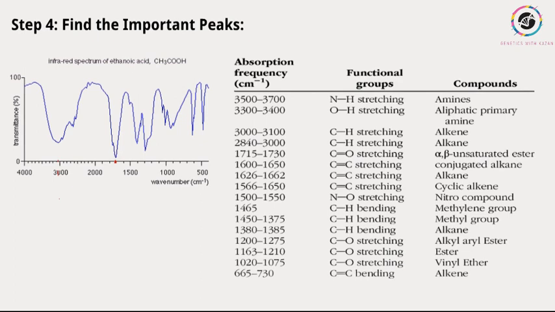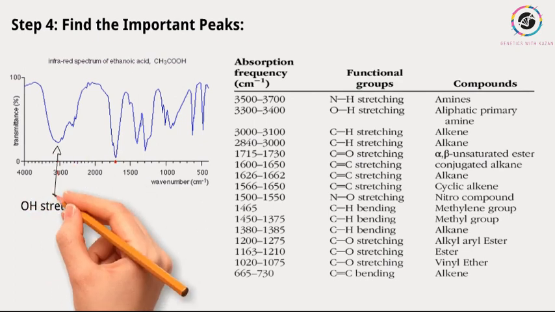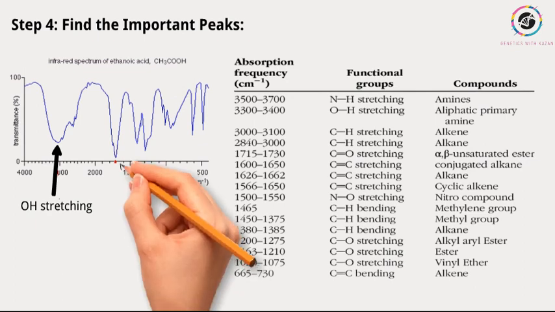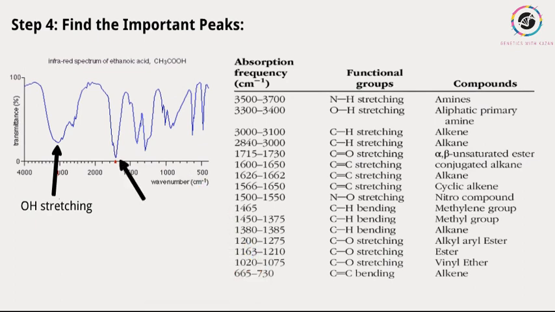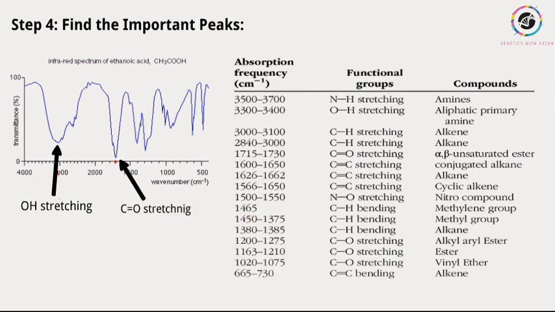For example, alcohol, OH stretch, typically observed around 3200 to 3600 cm inverse. Amine, NH stretch, usually seen in the range of 3300 to 3500 cm inverse. Around 1700 cm inverse represents the carbonyl C=O double bond stretching region. Other famous peaks are shown here.